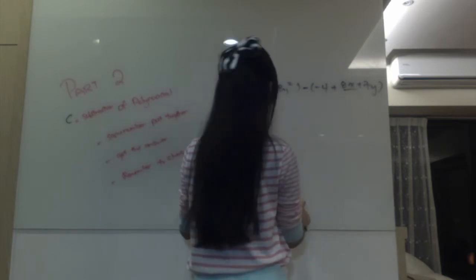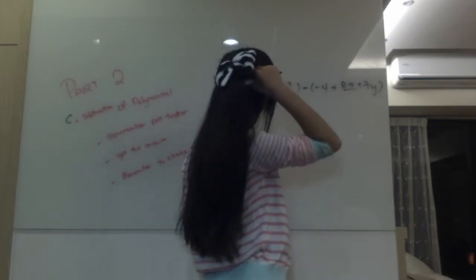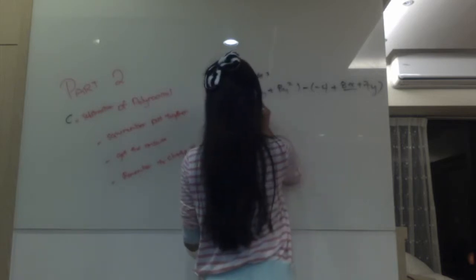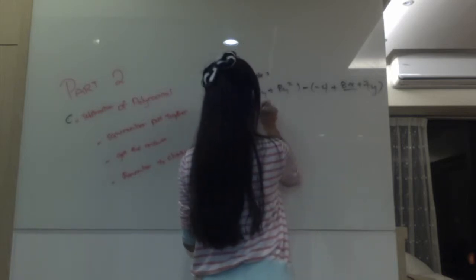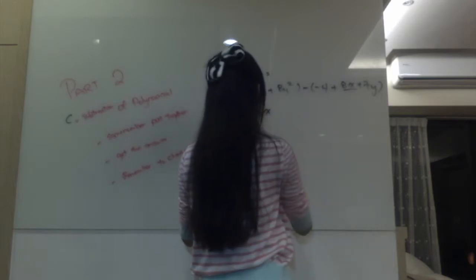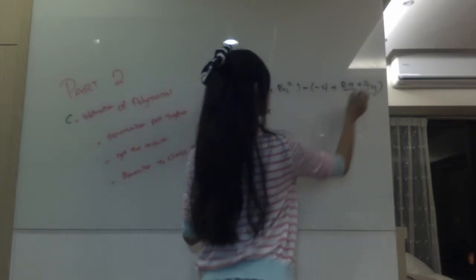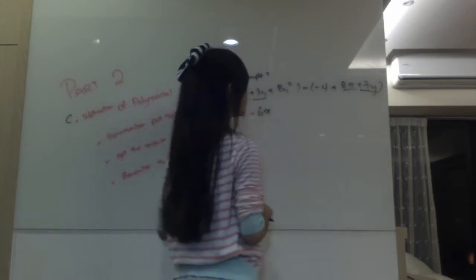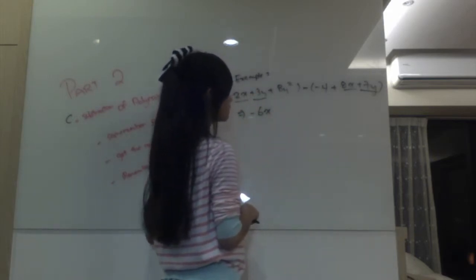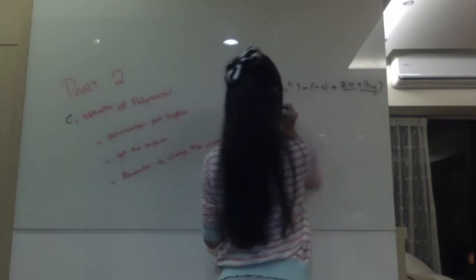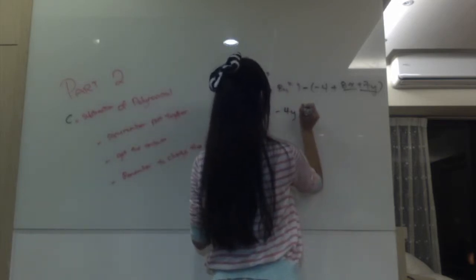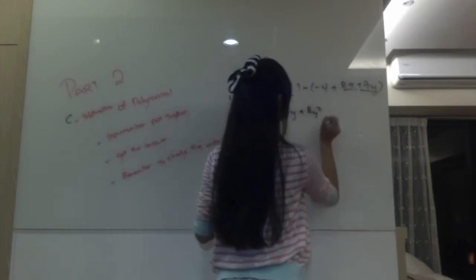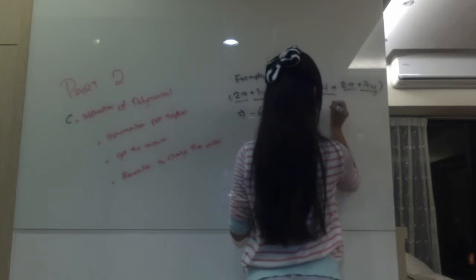So it will be 2x, negative 2x, then it will be positive 3y, minus negative 7 will be negative 4y, and then ay2, then here.